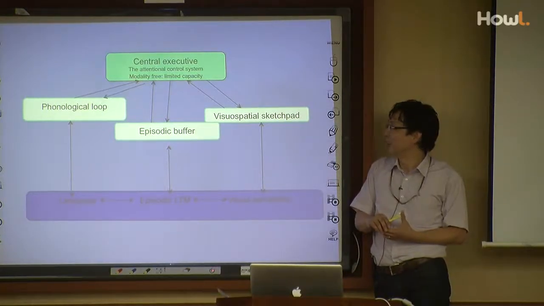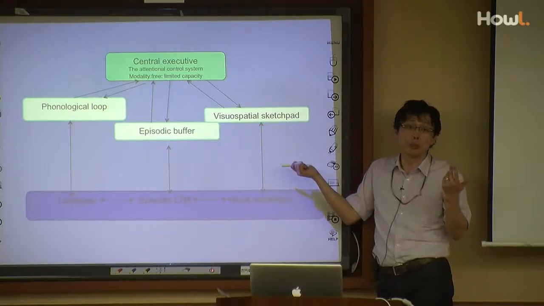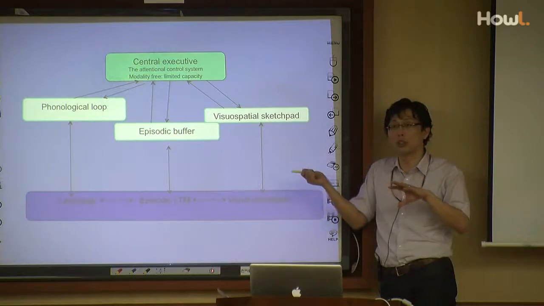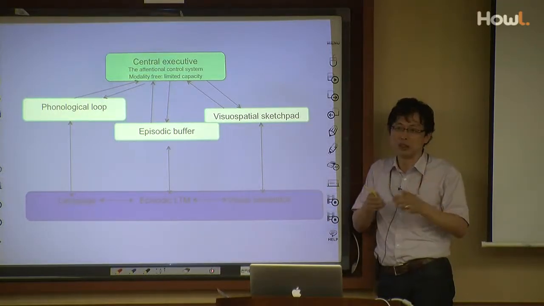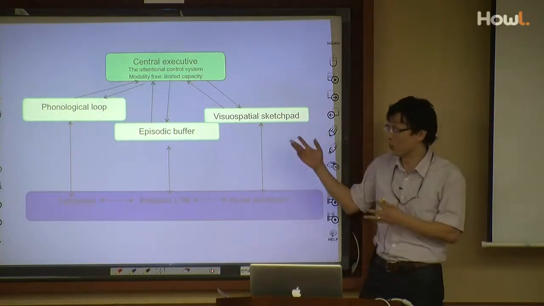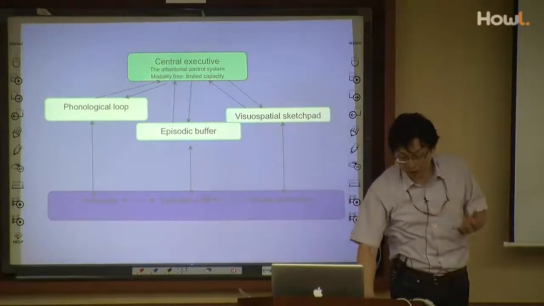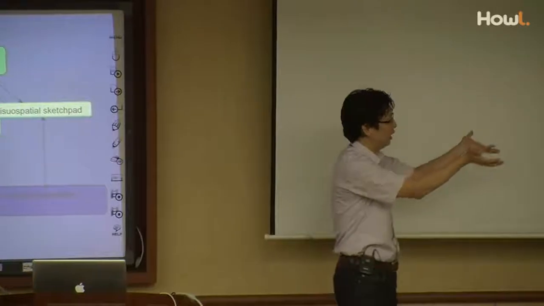Some people, the doctors or medical people, use chemical substances, but psychologists use training, games or training instruction, and some people use other things. So this is the whole of Baddeley's memory structure, and that is our intelligence.